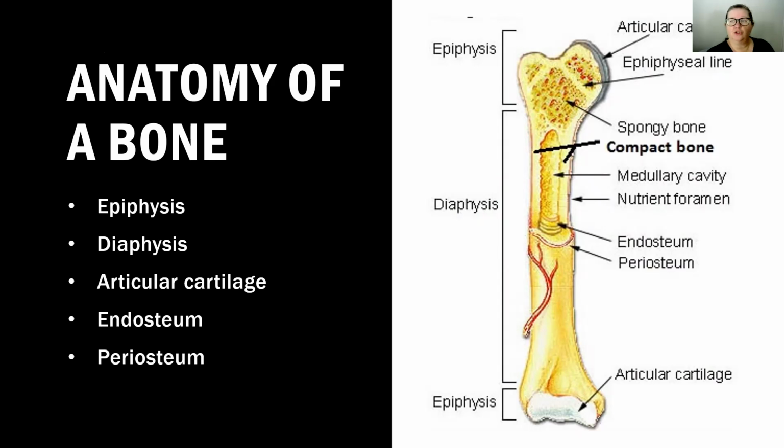However, it is sealed, there's no more growth happening. In children, you can actually see that line still, separating and growing. This is oftentimes how, other than size, when they find remains that are just bones, they can differentiate between whether it's a child or an adult.